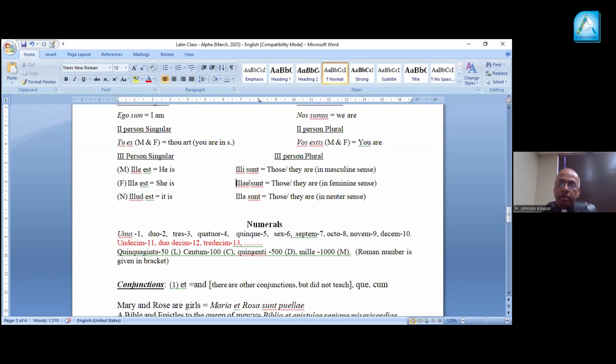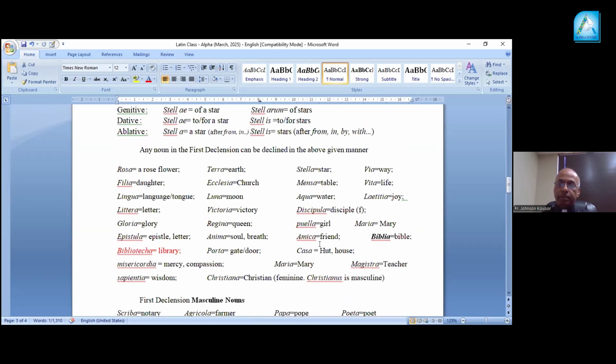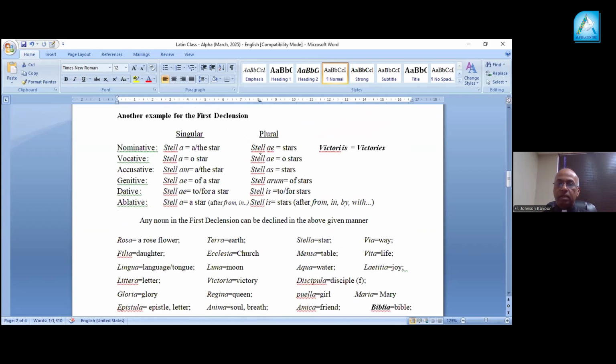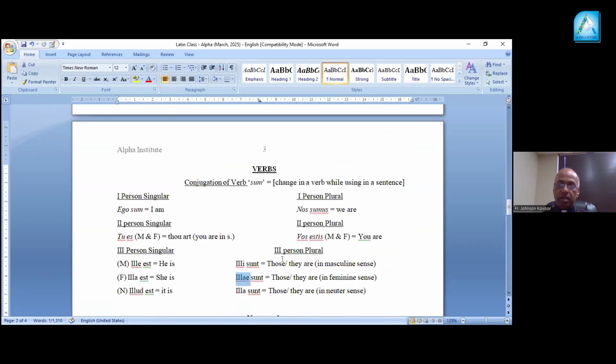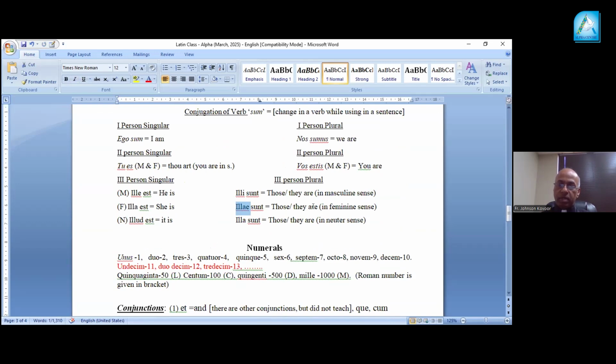Then feminine plural was stellae. Like that, illae. Those are, or they are. Illae sunt, they are. Illa sunt is those are or they are in neuter. When we are talking about something in neuter, we use illa sunt.